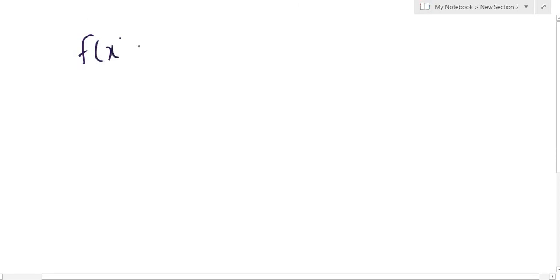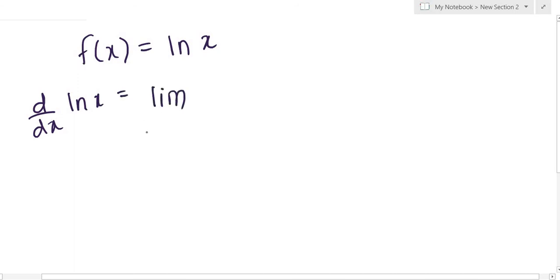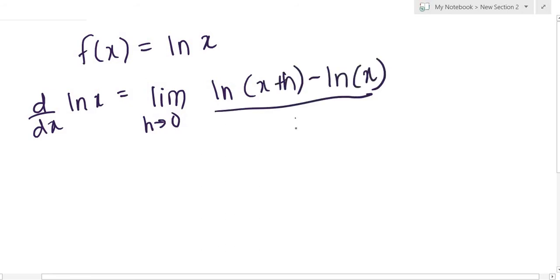Now let's move on to a logarithmic function, the natural log of x. d over dx of ln of x is the limit as h tends to 0 of the natural log of x plus h minus the natural log of x all over h. When you are subtracting two natural logs, you're basically just dividing the arguments with each other.